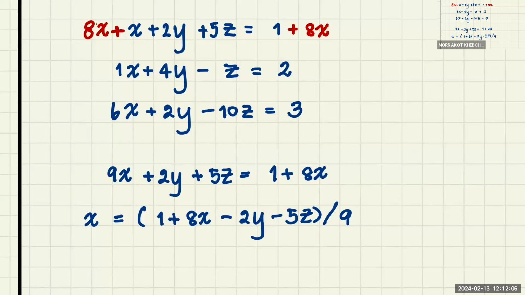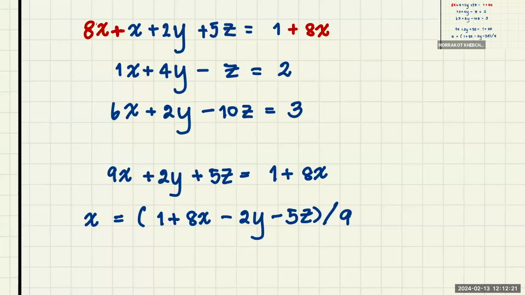You will see that all the numbers are divided by 9. So you have 8 over 9, still less than 1, 2 over 9, 5 over 9.